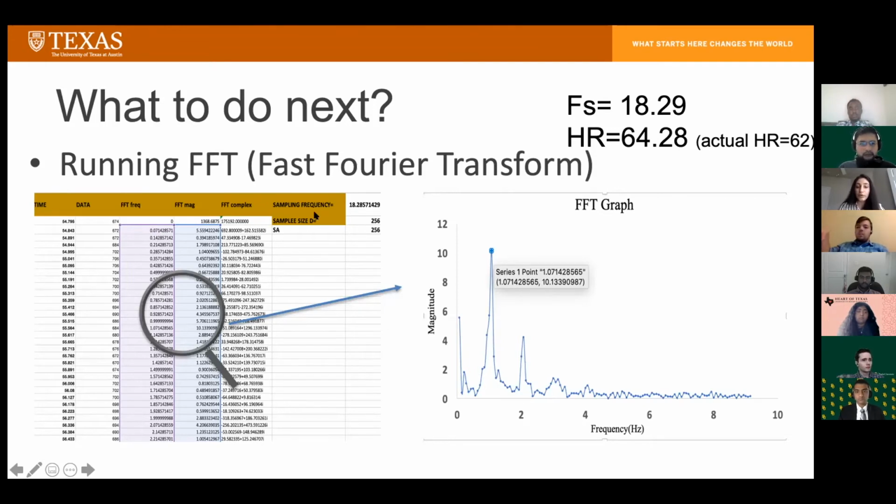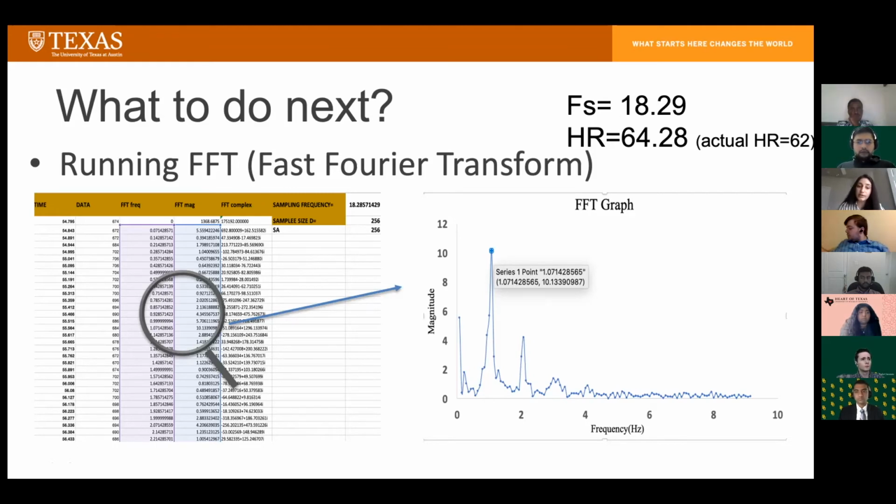It is also important for us to have the information about sampling frequency. Sampling frequency is the number of data points, or samples, that we have in 1 second. Therefore, the way that we calculated sampling frequency is that we counted our total sample size of data points, which was 256, and we divided it by the total amount of time it took for us to measure all the data points.